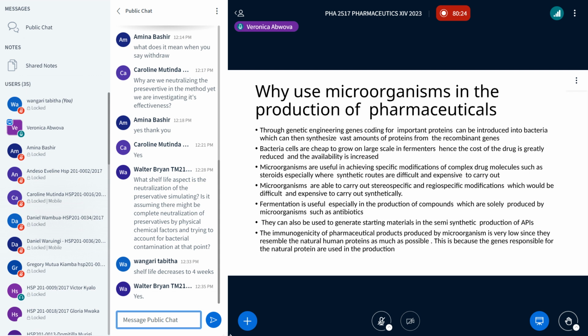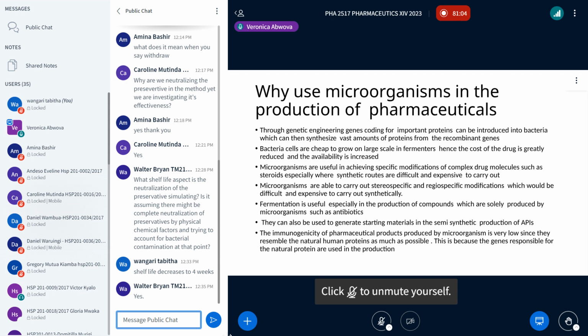So again, one of the things you'll realize is that for some of these antibiotics, usually you generate the compound using microorganisms, and then you use that compound as a raw material now to generate other classes of antibiotics, okay, which now gives you a semi-synthetic process, whereby you first generate the raw material, then you use the synthetic process to modify it and give you a better acting compound, okay.